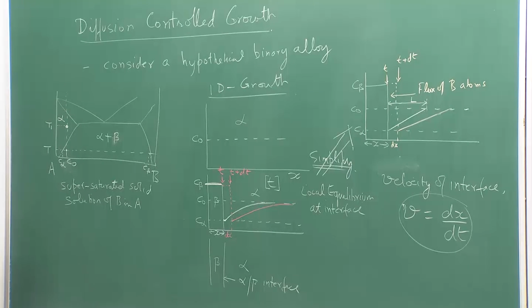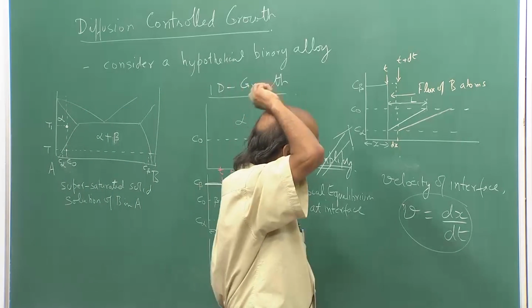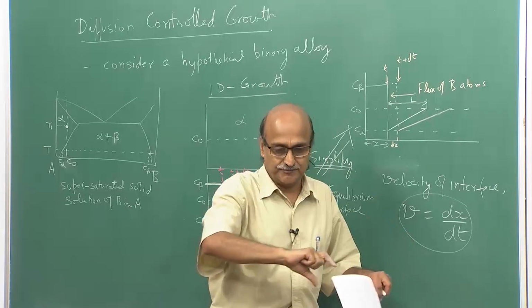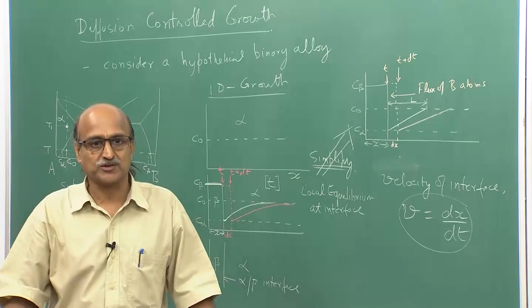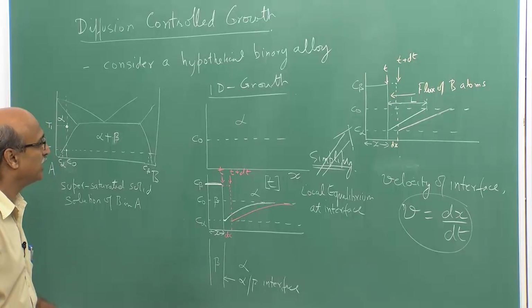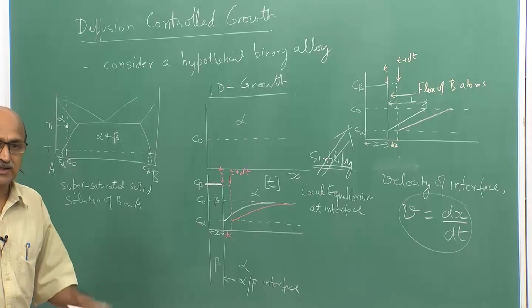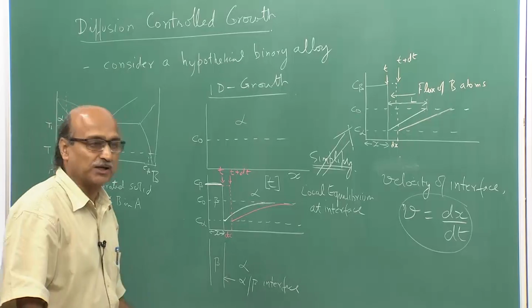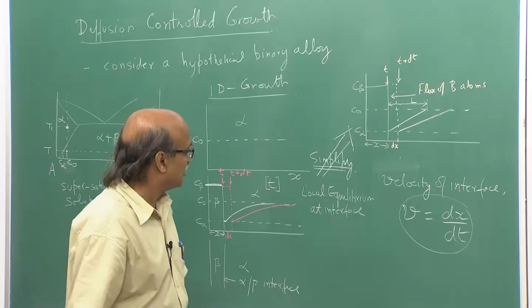Well, that is actually quite easy. In this system, there are no atoms going out of the system, no atoms coming into the system. There has to be a mass balance, atoms are conserved.